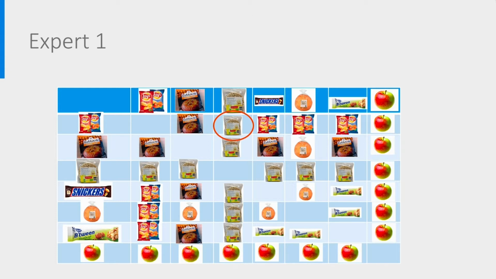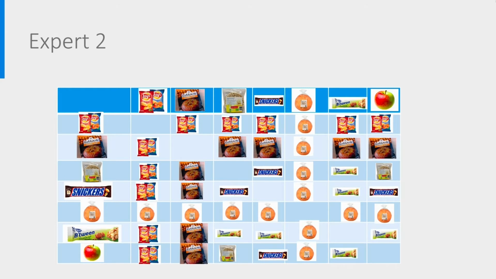However, when he has to choose between a bag of crisps or a Snickers, a sponge cake or a muesli bar, then expert 1 picks crisps. In the last row of this table, we can observe that expert 1 always chooses an apple over all other alternatives. In general, this expert prefers snacks which are quite healthy and not too calorie dense.